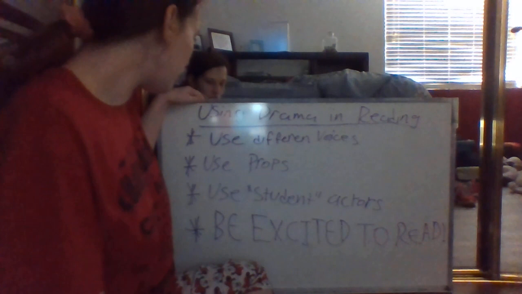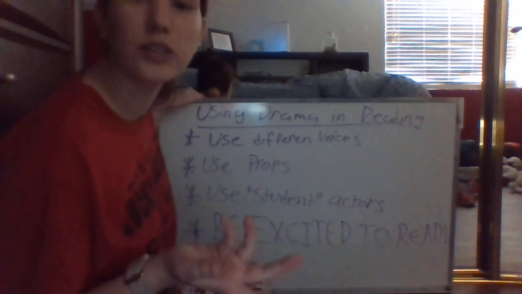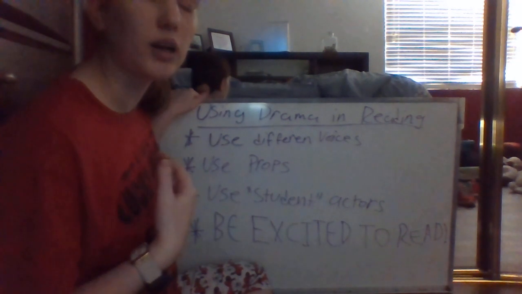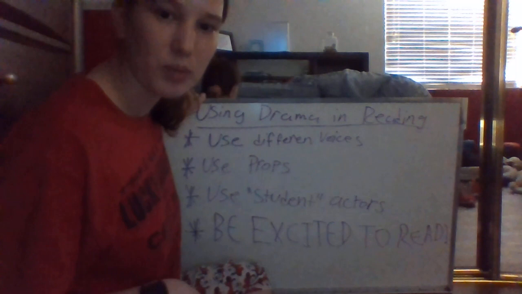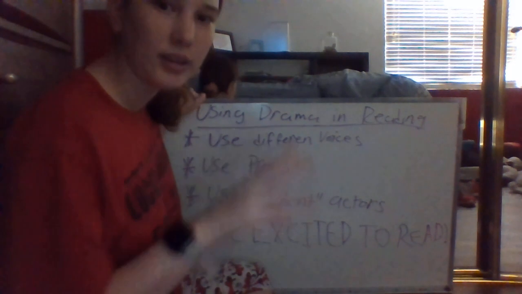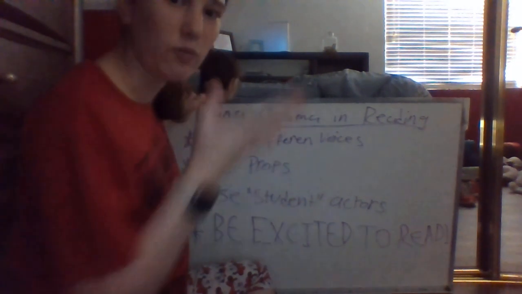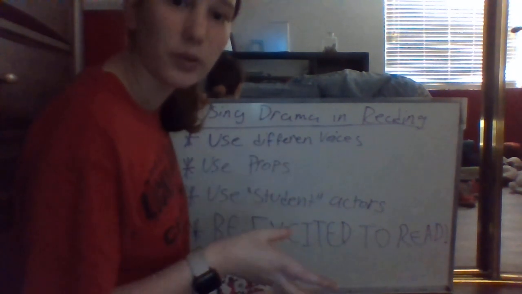So, one way you can use drama in reading is maybe using different voices to match the characters you're going to be discussing. For example, we were doing a reading practice with my professor, and it was talking about honeybees or something like that, and one column on one side he would read, and the other column a student would read.